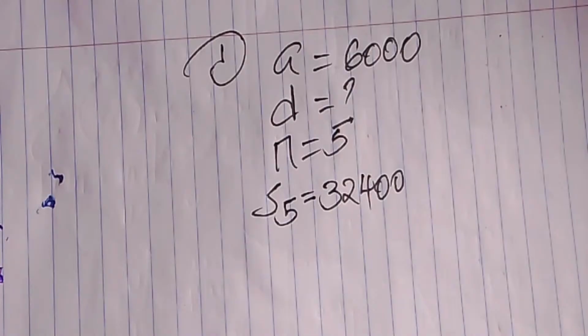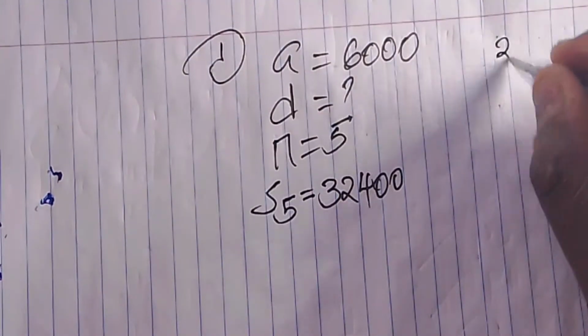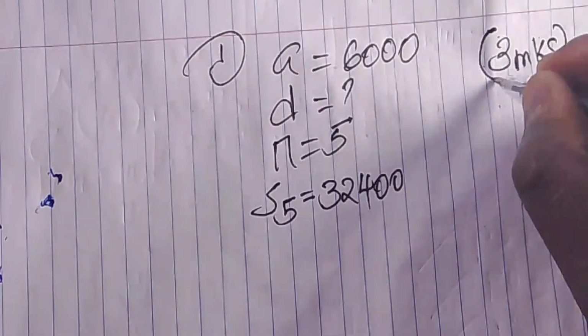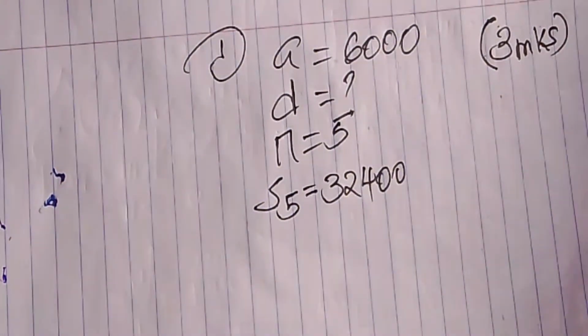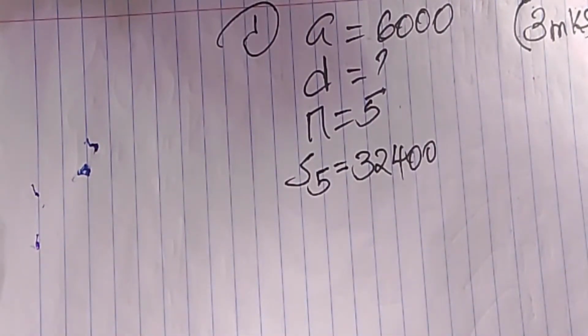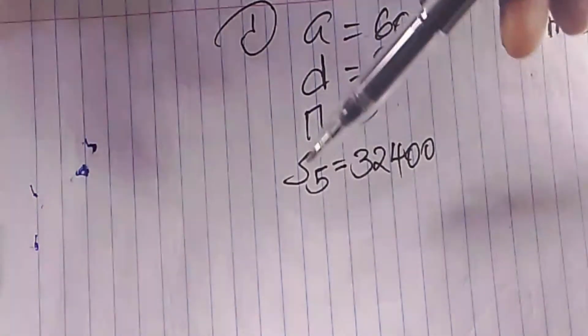His annual increment ni D. Na hiyo swali ni 3 marks. Alianza na mshahara wa 6,000, anaongezewa D ambao hatujui. Total waka-earn 32,400 by the end of 5 years. So N yetu ni 5 years.